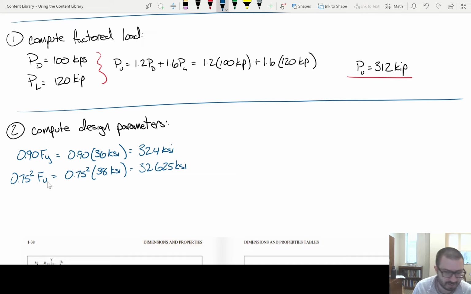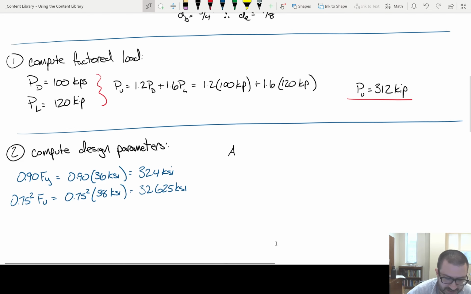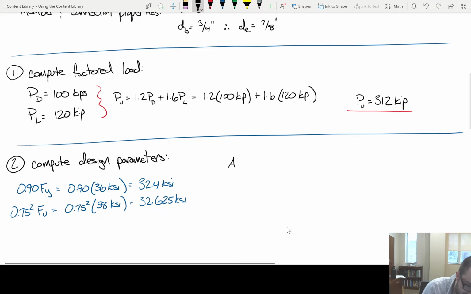The reason that I do these off to the side is because our gross area design parameter is PU over the minimum of these.